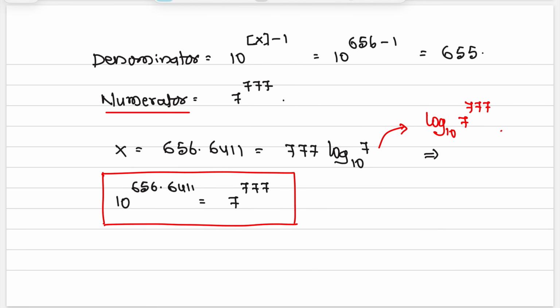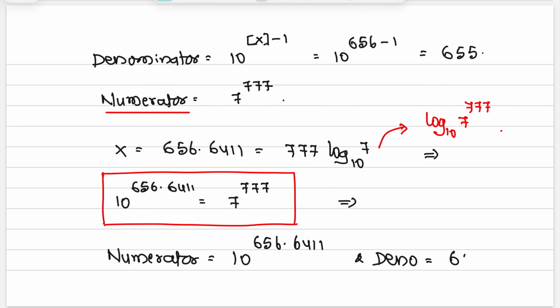Now we know the value of the numerator. Numerator is equal to 10 to the power of 656.6411 and denominator is equal to 10 to the power of 655.